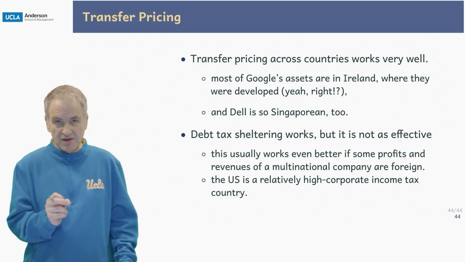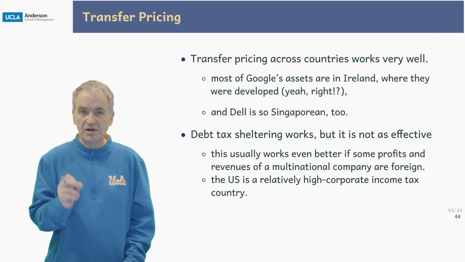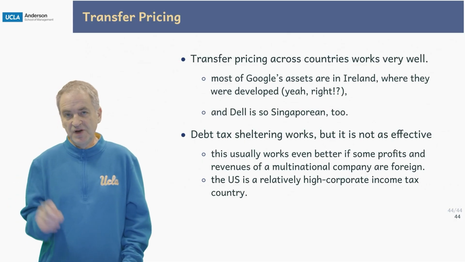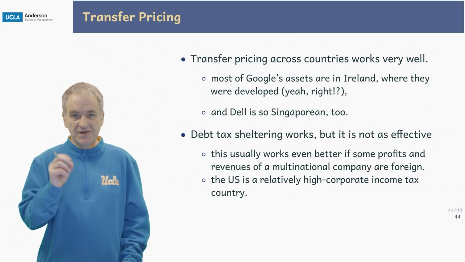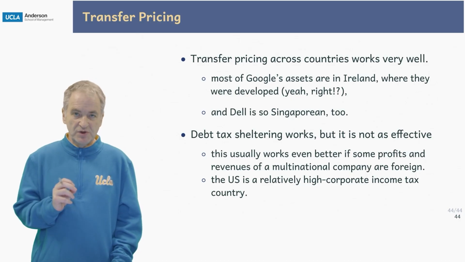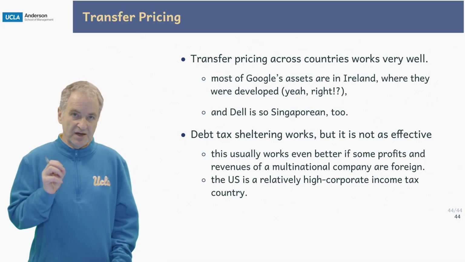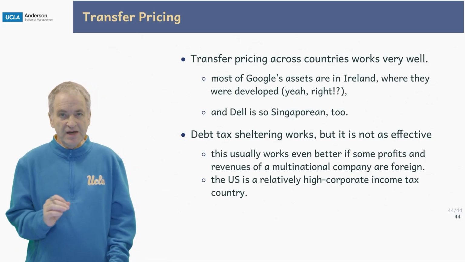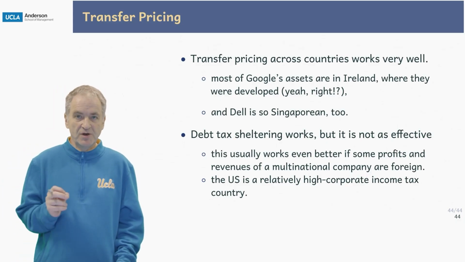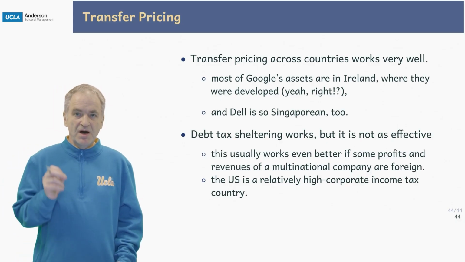Your subsidiary is going to sell all its products over to the United States at inflated prices. That means the US operation isn't going to make as much profit, and the Singaporean operation is going to make a lot of profit.